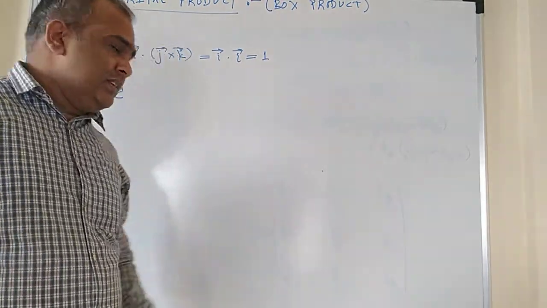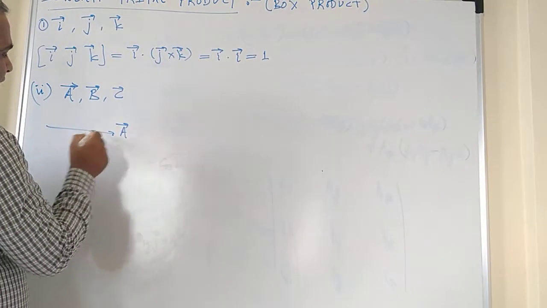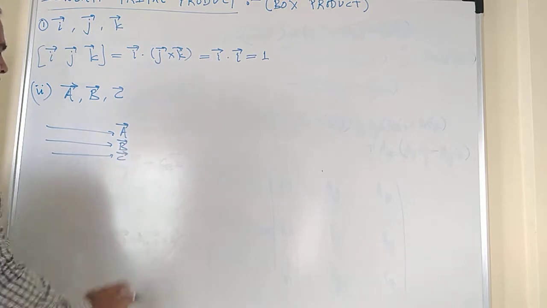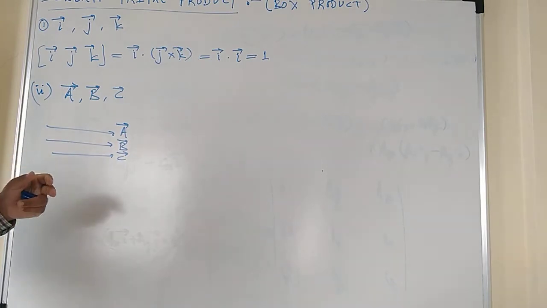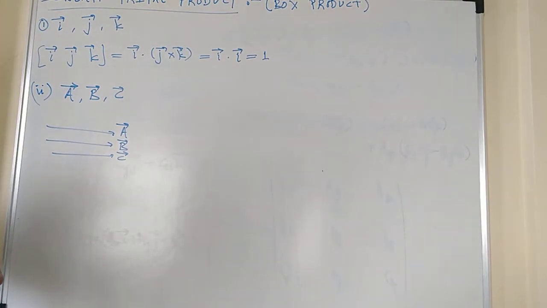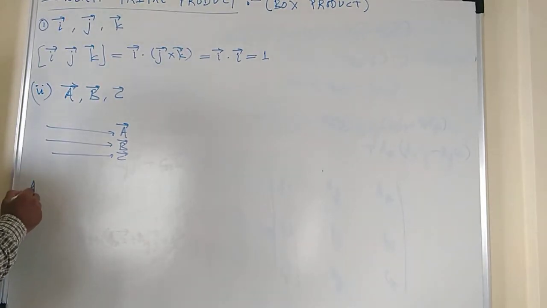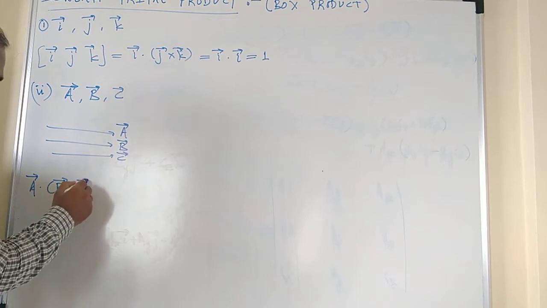That means this a bar, b bar and c bar all lie in the same plane or in parallel planes. Got it? And if the three vectors are coplanar, what is their scalar triple product?